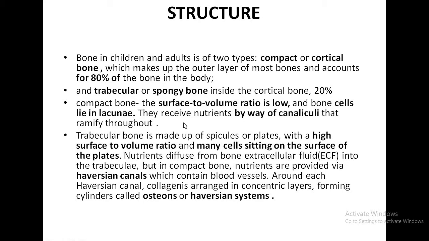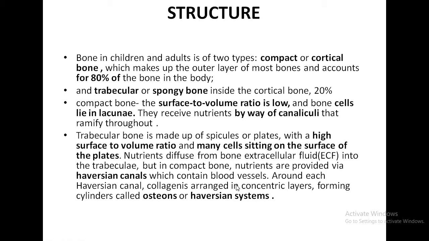In trabecular bone, the bone cells sit on the surface of the plates. Compact bone receives nutrients by way of canaliculi, but in trabecular bone nutrients diffuse from the extracellular fluid to the trabeculae.